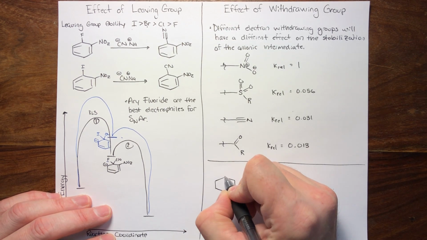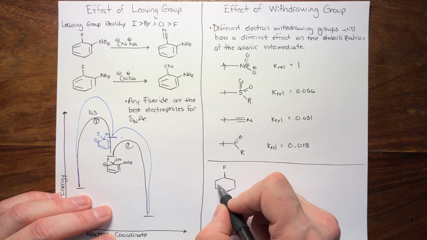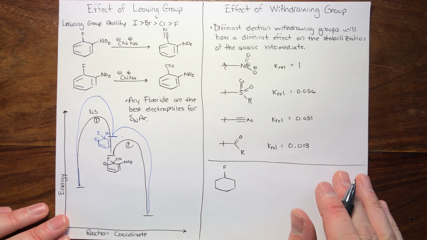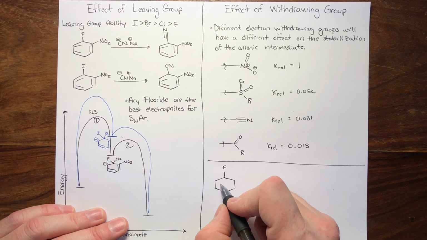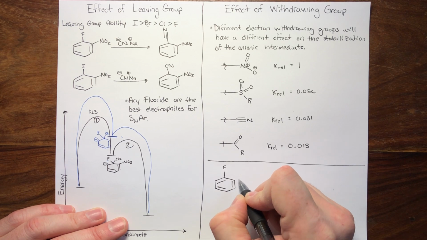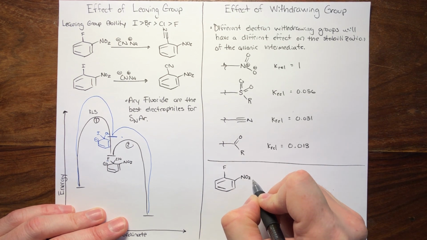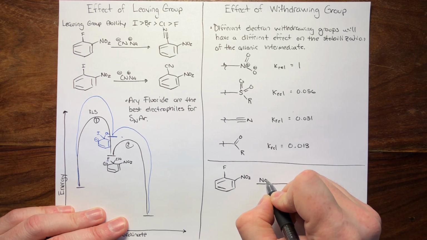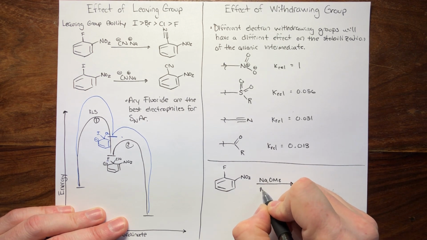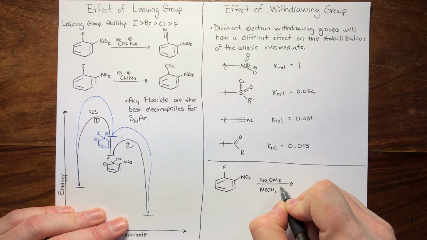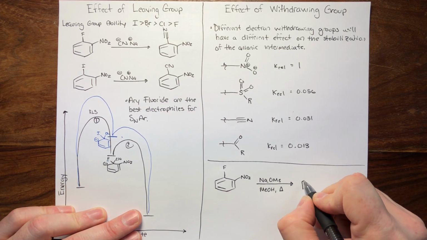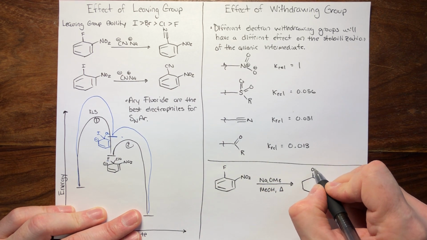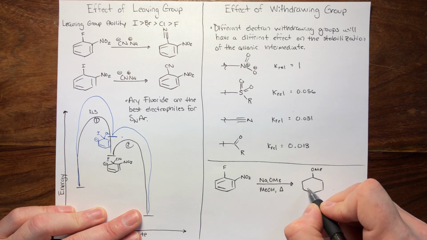For each of these reactions, we're going to use a fluoroarene because we know that fluoride allows us to accomplish the best nucleophilic aromatic substitution reactions. If we treat this with sodium methoxide and methanol, and then maybe heat it up a little bit, we'll get substitution at the fluoride to make an aryl ether.